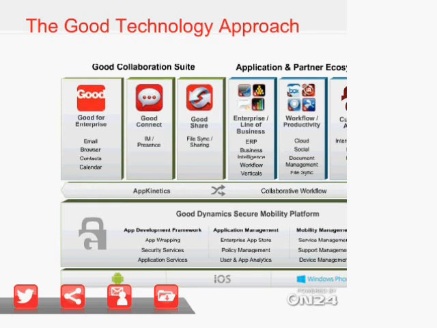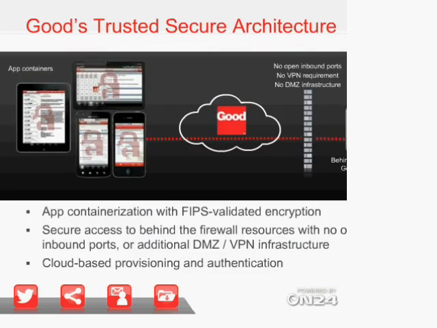From an architectural perspective, Good operates a network operating center that's your own private cloud that allows these apps to access back-end services without you having to build out your DMZ and further compromise your security there.